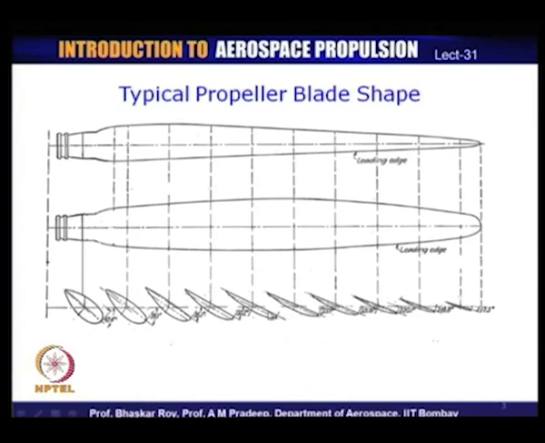Whereas, as you move towards the tip of the propeller, the angle falls, and near the tip of the propeller, the angle is as low as 17.3 degrees.